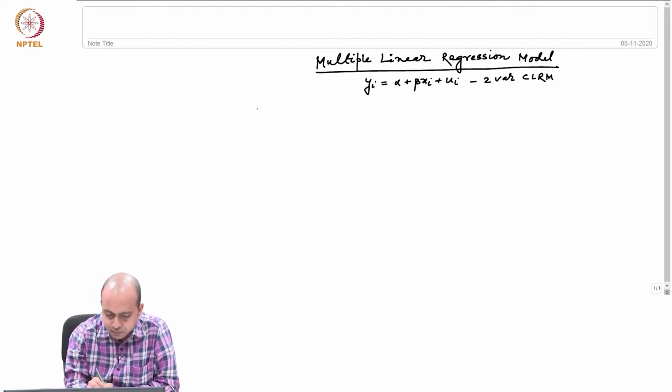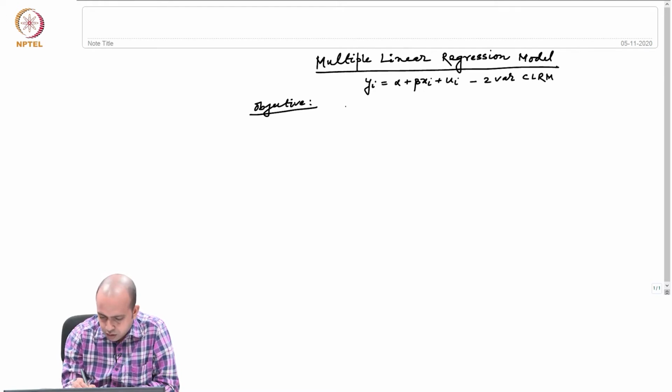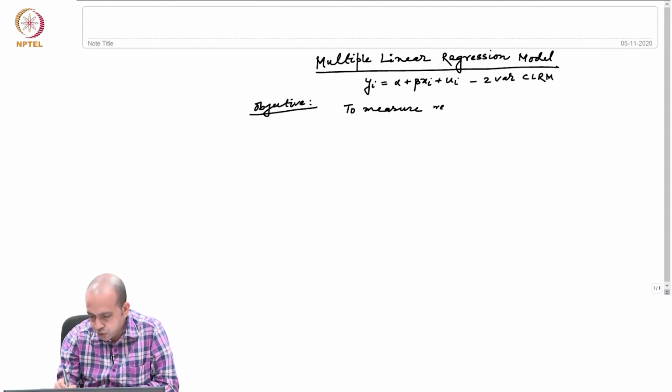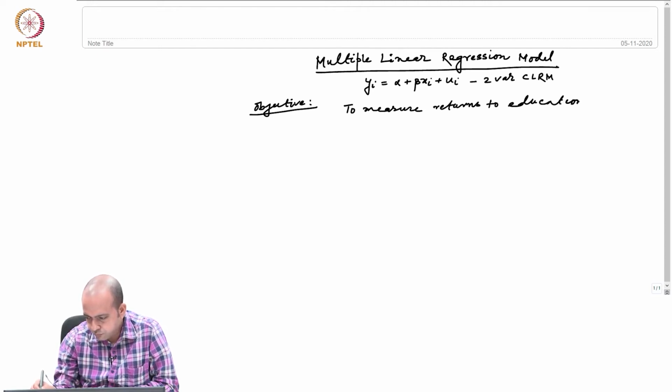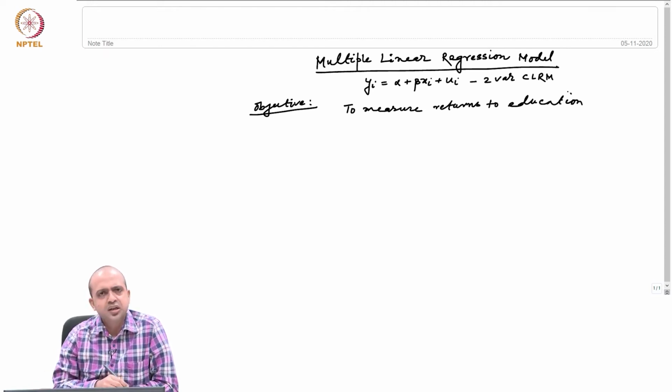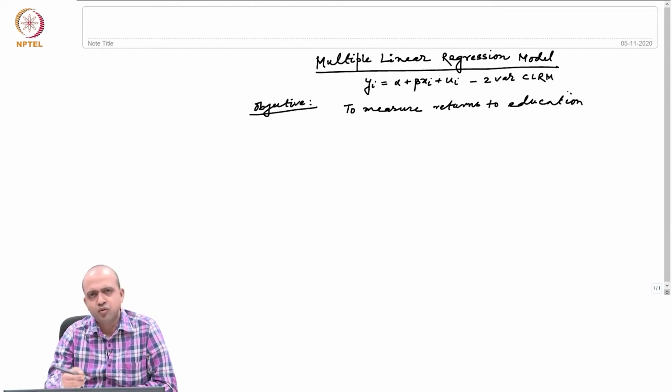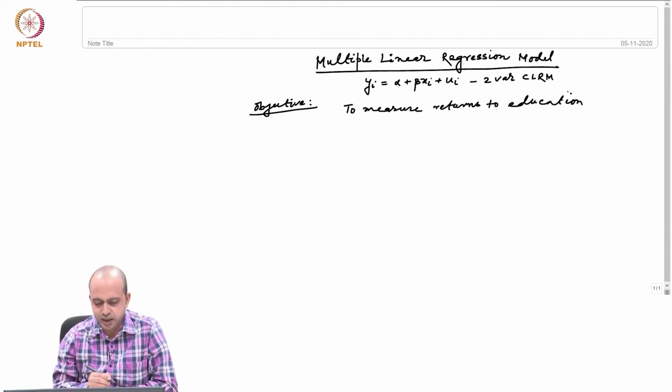Objective is to measure returns to education. So, basically, what is the impact of education on your wage or salary, right?